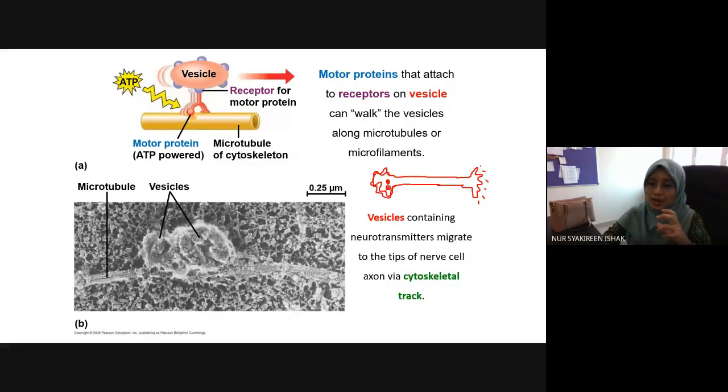So how to transport the vesicle to this end? By having microtubules, that allow the vesicle to move along the long axon of a neuron. So dia bukannya terapung-rapung dalam cytoplasm tu, dia pergi daripada satu tempat ke satu tempat. Mesti ada microtubules, okay, yang bertindak sebagai track for the movement of organelles within the cell.